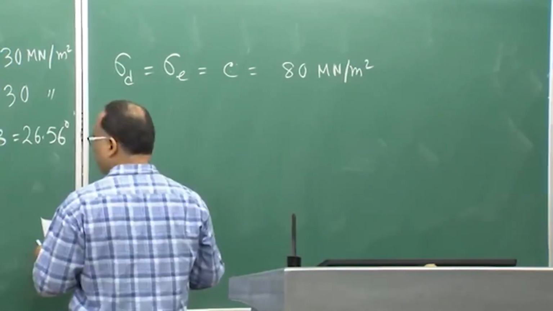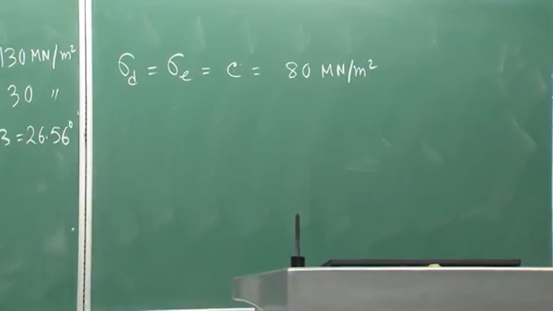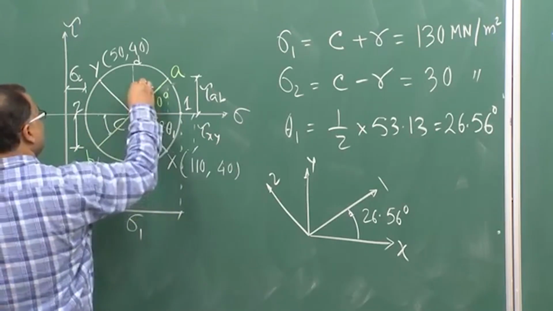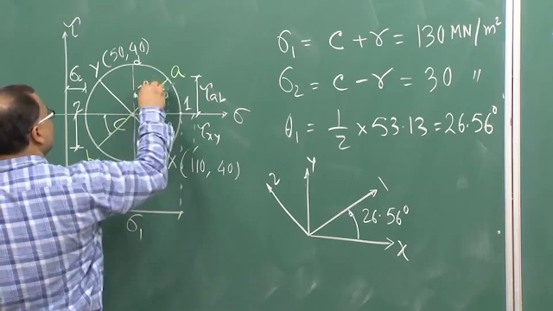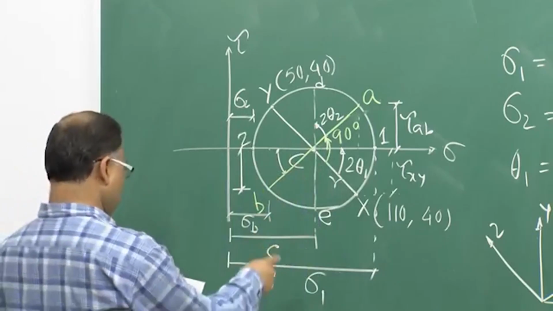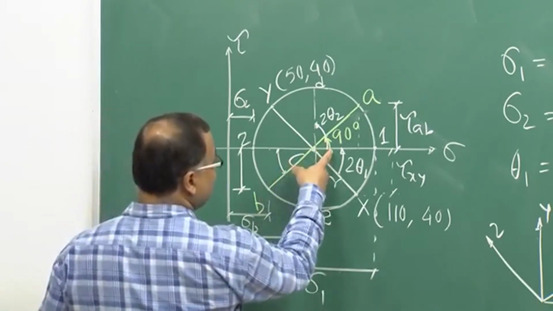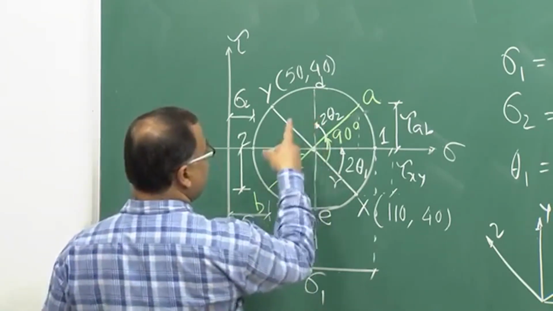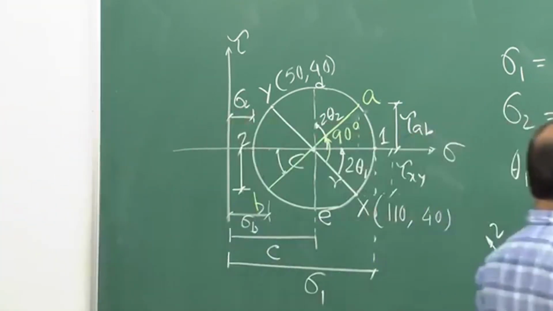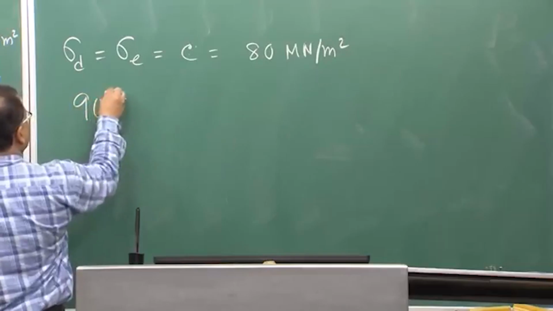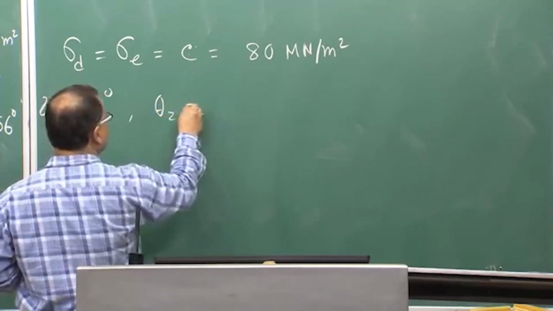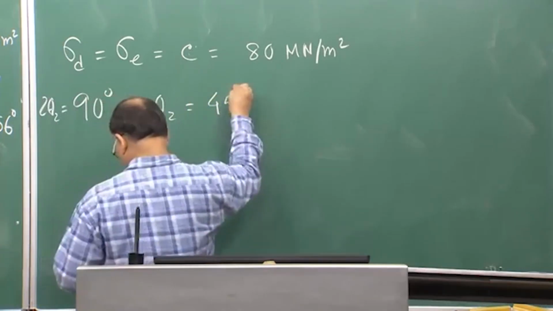And twice theta 2, if we consider this angle as theta 2, twice theta 2 is the angle between the major principal stress axis and the axis on which the maximum shear stress is acting, that is your 90 degree. So, twice theta 2 is equal to 90 degrees, therefore, theta 2 equals 45 degree, right.